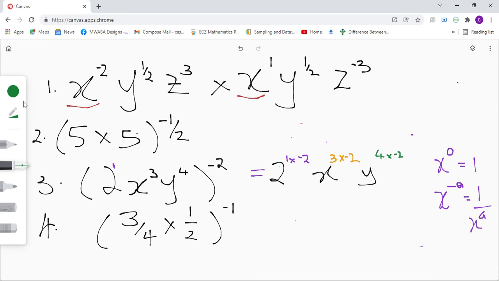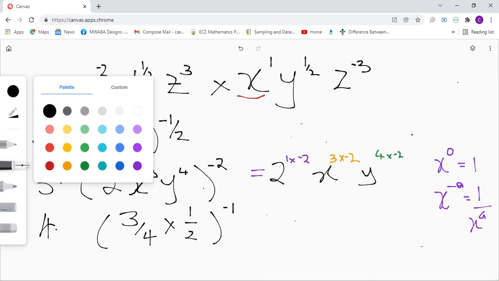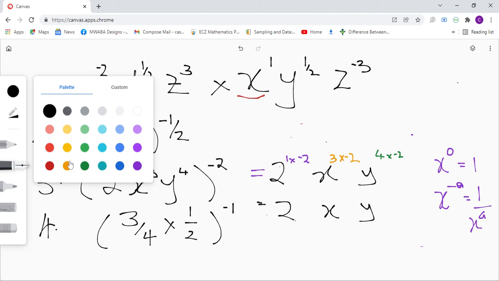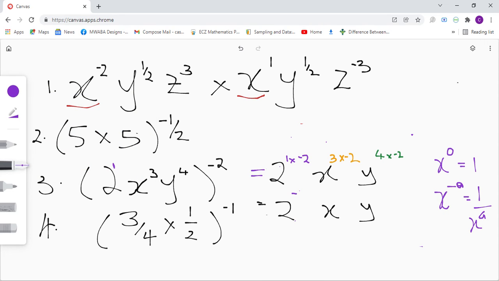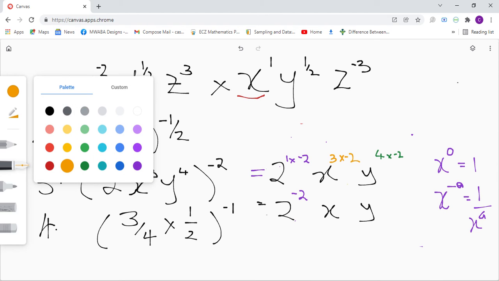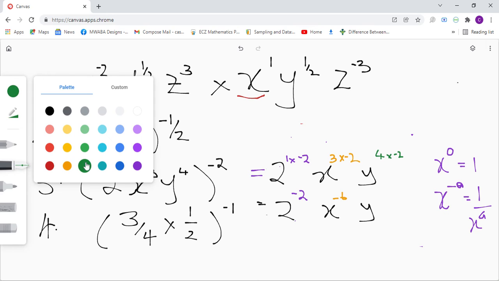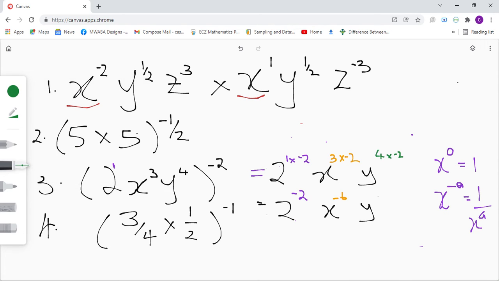Alright, so 1 times negative 2, that's negative 2. 3 times negative 2, that's negative 6. 4 times negative 2, that's negative 8. So as we can see, all of them are negative exponents.